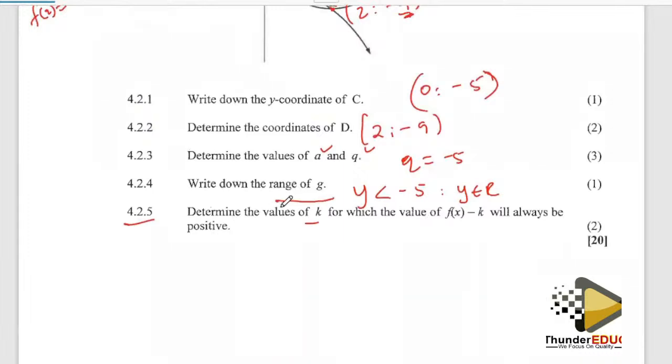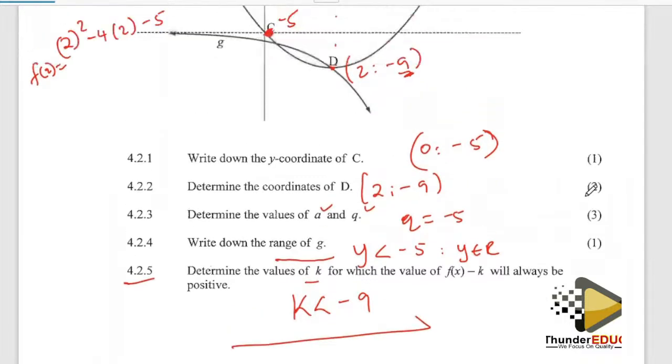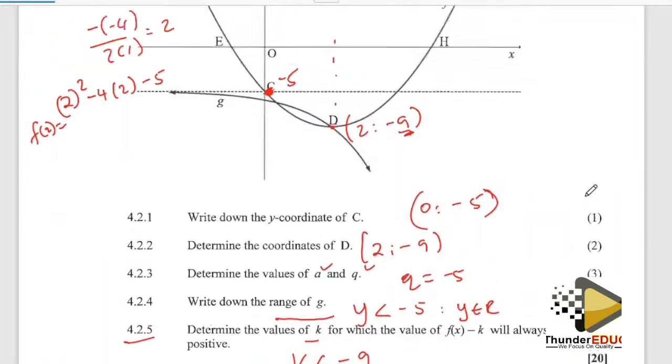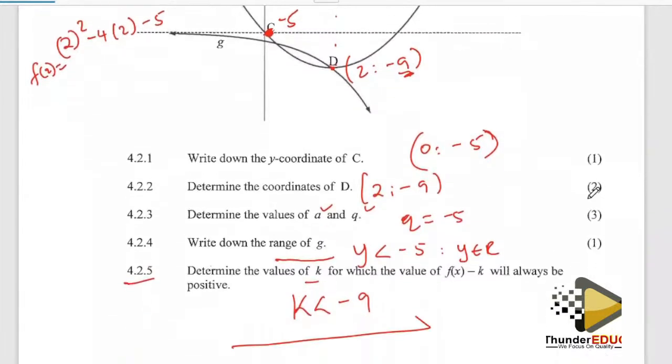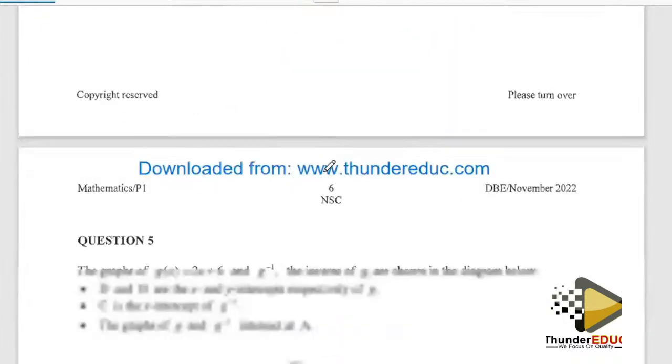So in this case, we're just going to say that k must be less than negative 9. As long as that is true, then that graph will be above the x-axis. Because if we have this negative 9 and we replace it, it will change to a positive. So guys, that is that with question number 4.